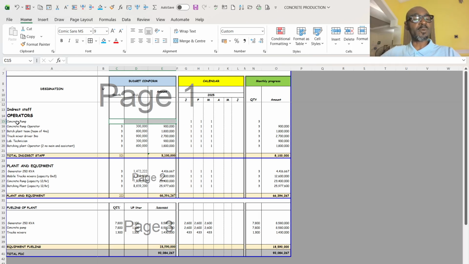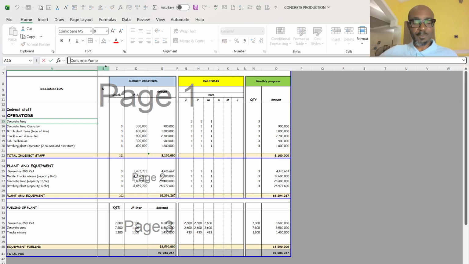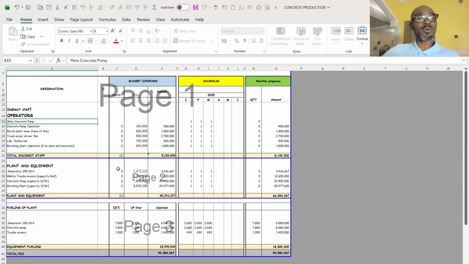Then let me even take this one as the helper. That is the mate for the concrete pump operator, so that it will still remain what it is.